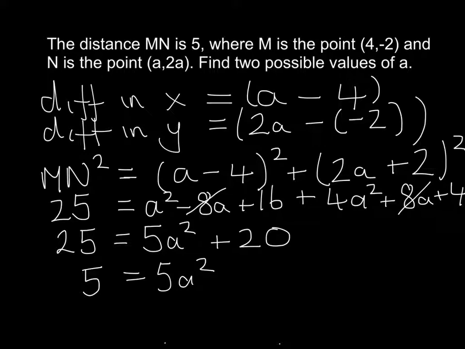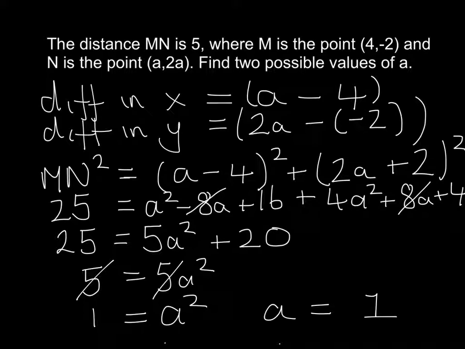If I divide both sides by 5, cancelling those out, I simply have a squared equals 1, or 1 equals a squared. So I'm nearly there. I need to square root both sides. So my final answer is a equals 1, because the square root of 1 is 1.